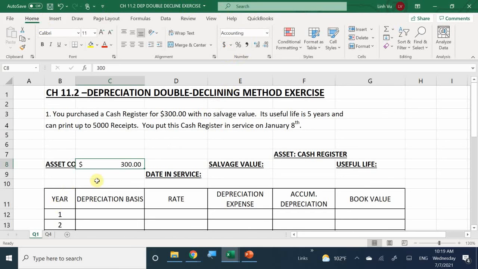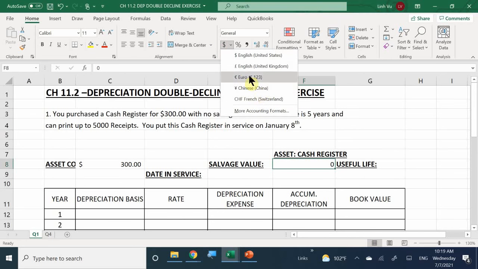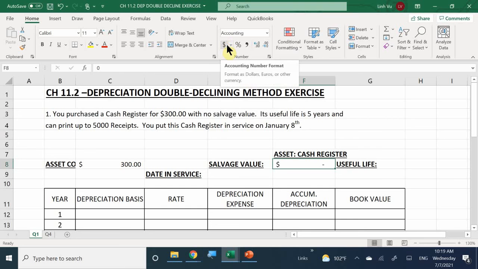What was my salvage value? 0, yes, good, 0. What was my estimated useful life? 5 years. And then the date that I placed it into service?